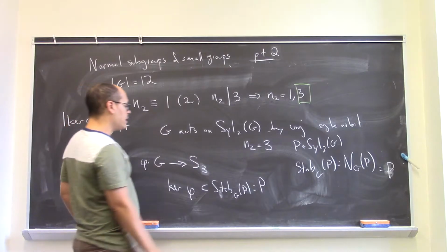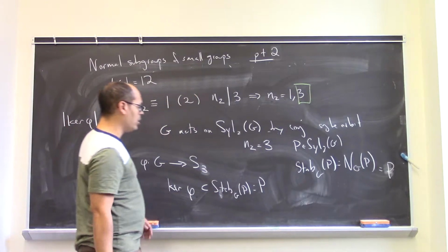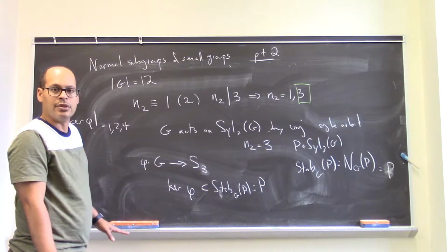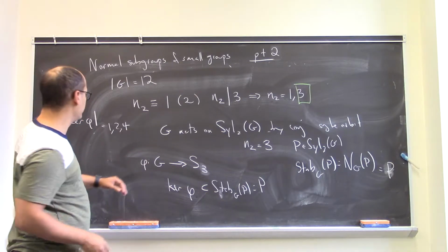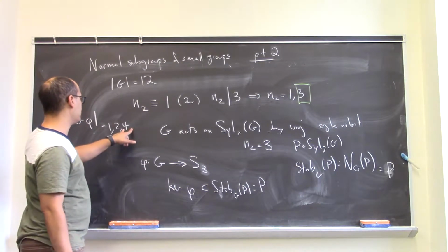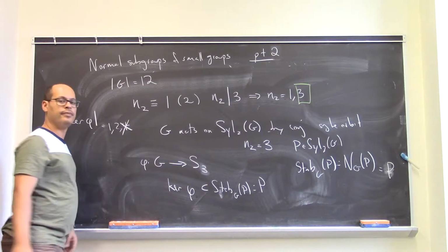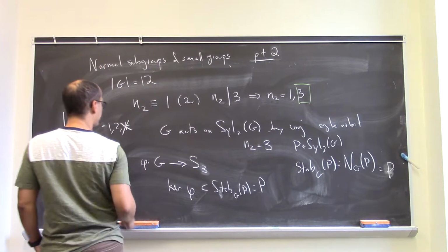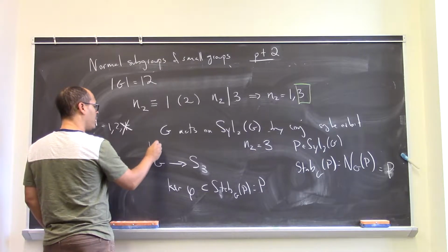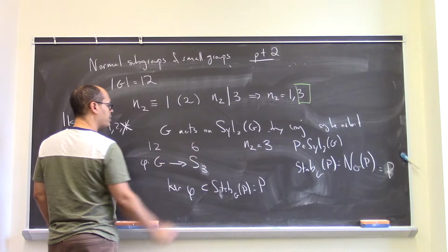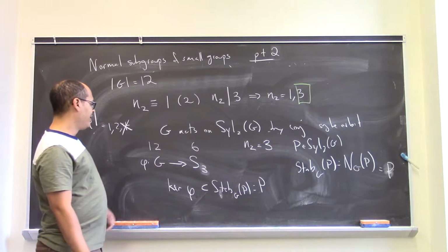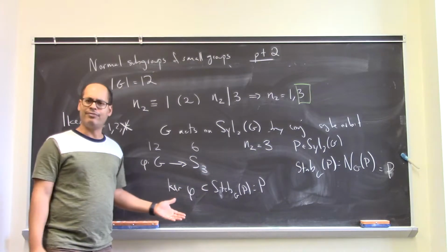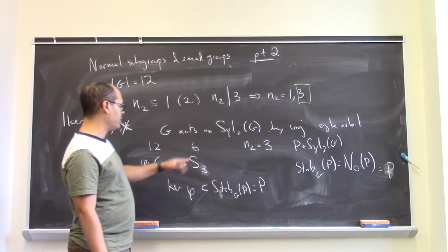Okay, it's sitting inside of P, and it's normal, and P isn't normal by hypothesis, so it can't be the same. It's not going to be 4. On the other hand, it can't be 1 either, because the order of the group is 12 and the order of the symmetric group of 3 elements is 6. So the kernel has to have something in it, because 12 doesn't divide 6.